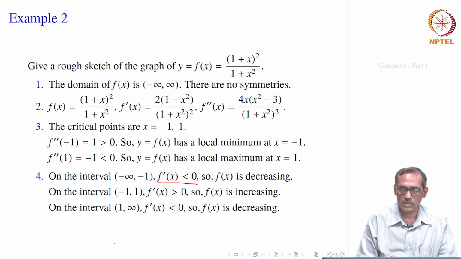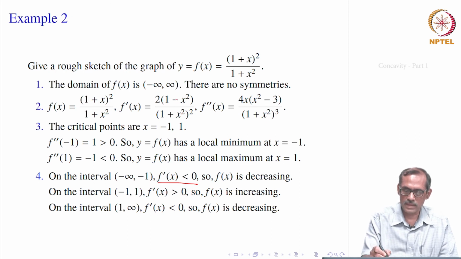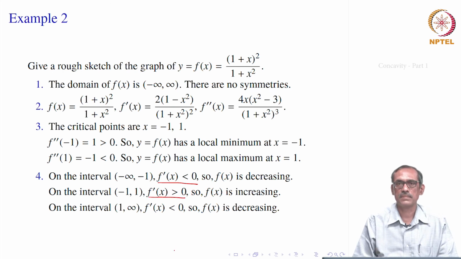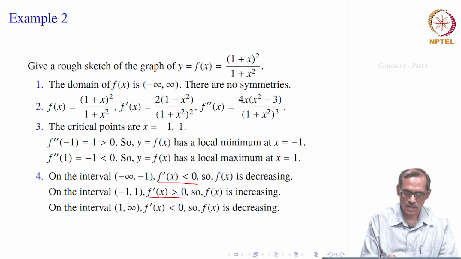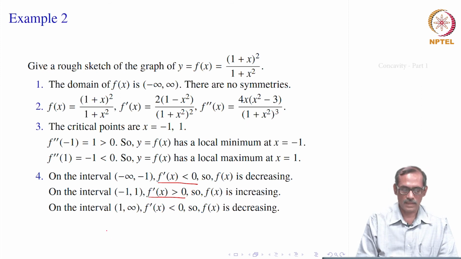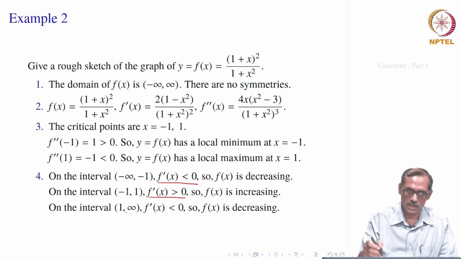And on the interval minus 1 to 1, so x is bigger than minus 1, but smaller than 1, then this will change its sign. So, you will get f prime x is bigger than 0, that is f x is increasing on minus 1 to 1. Then let us take 1 to infinity, which is beyond the other critical point 1. So, x is bigger than 1, that means this is again bigger.